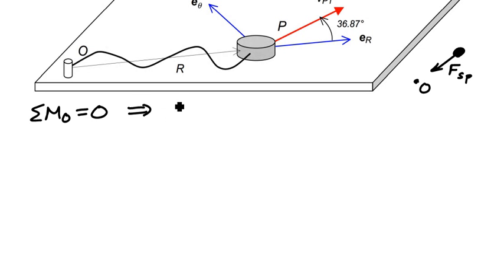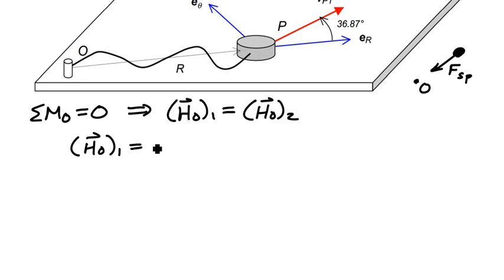Now this is a pretty positive indicator that we're going to want to use conservation of angular momentum here, and that's certainly the case. So I'm going to start by saying that h about O at state 1, that is the initial configuration, has to equal h about O at state 2. If I compute this quantity, h about O at state 1 is of course going to be r1 cross the mass of the particle times v1.